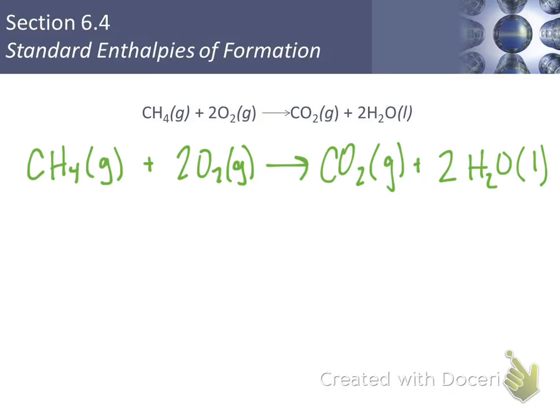If you look in the back of your book, it really starts on A19, but A20 is the page that you're really going to want. It's way in the back, appendix number 4, on page A20, just before we get to the answers in the back of the book. A20 and 21 are where we find a majority of our data.